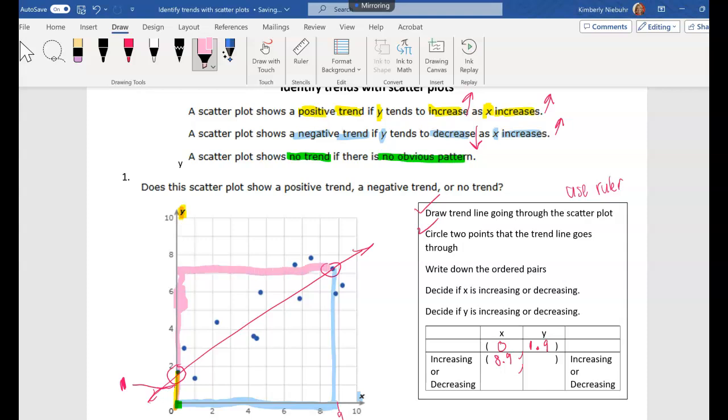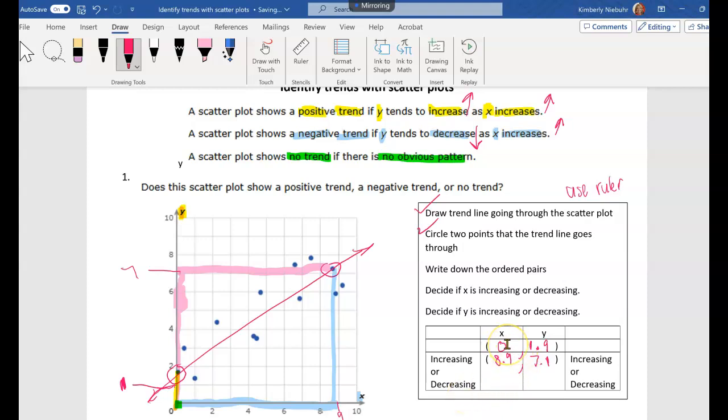I'm touching the point. So let's call this 7. And so that line will be about 7 and 1/10. Okay, so we're ready to decide whether it's increasing or decreasing.